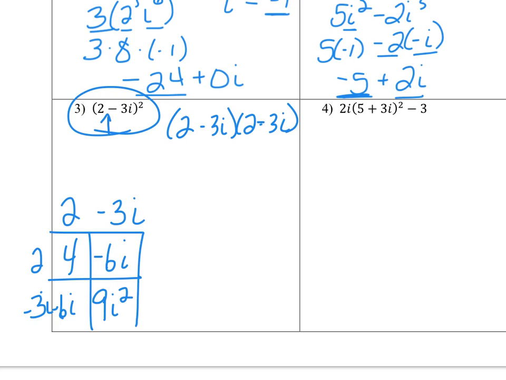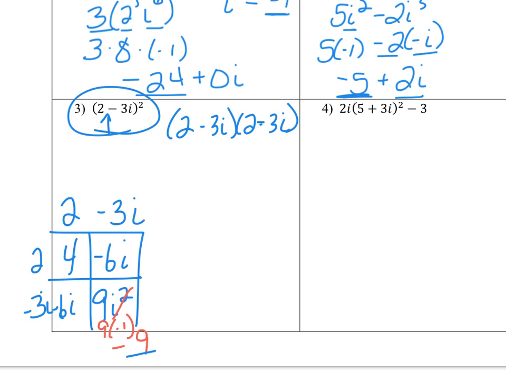Okay, remember, i can never have an exponent. So there's an exponent right here. You have to remember, i squared is the most common one that we use. It's negative 1. So it's 9 times negative 1, which is negative 9. So combine your like terms. We want to leave it in a plus bi form. So that means the numbers should go first.